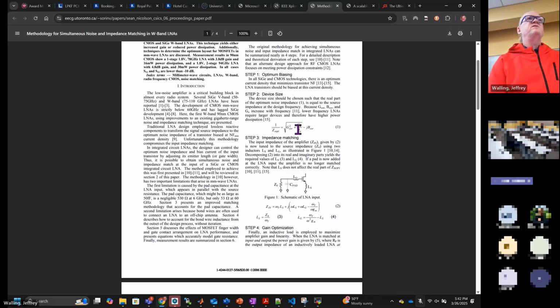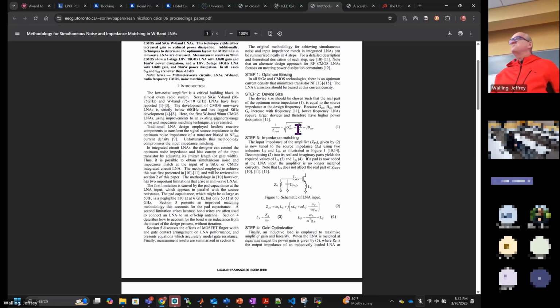Then in step 2, he says size the device until the real part of the optimal termination impedance to get the lowest noise figure is equal to whatever impedance you want to match to. So, for instance, if you want to match to 50 ohms, keep increasing the device size until that circle intersects with 50 ohms.